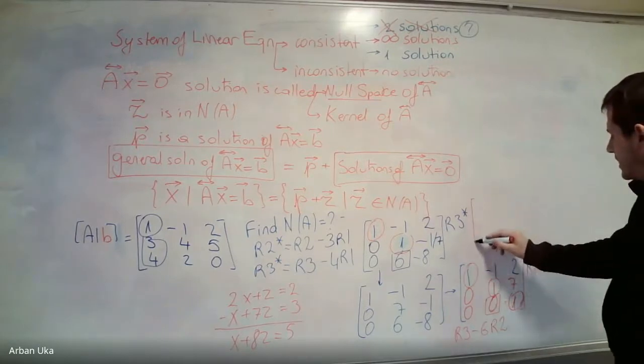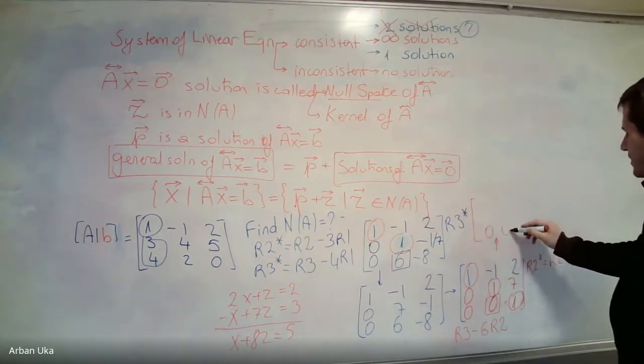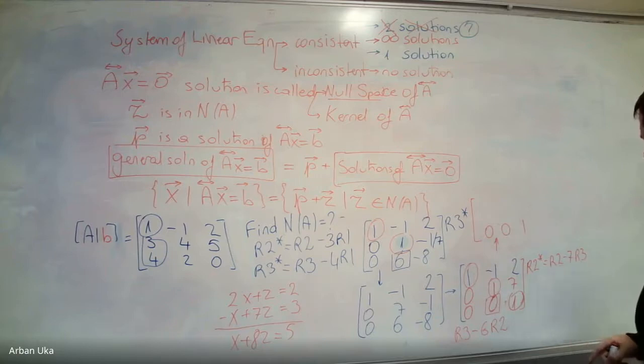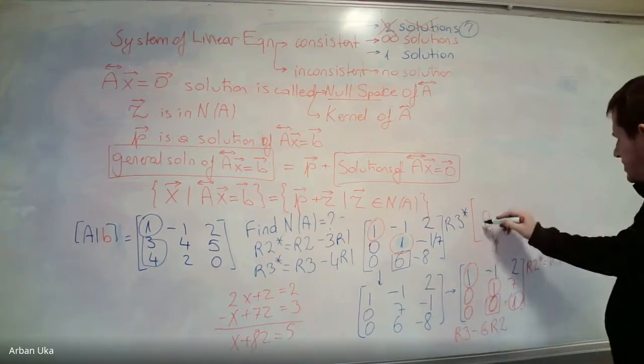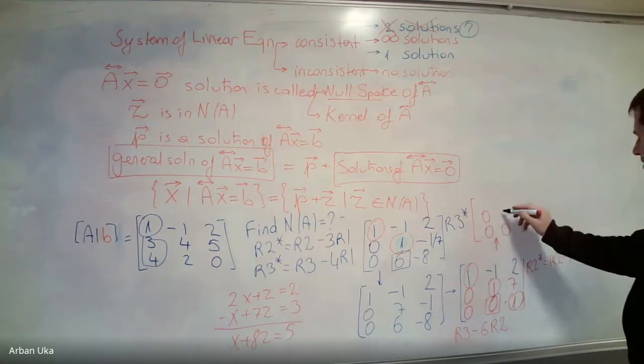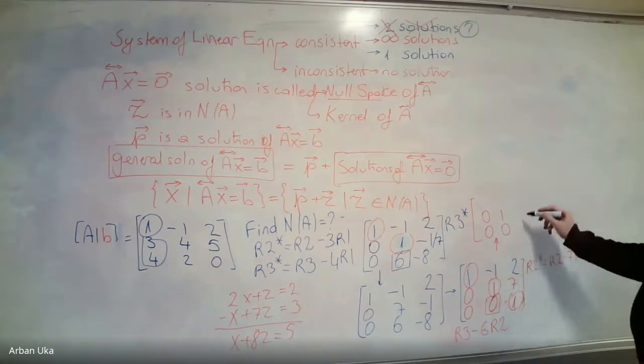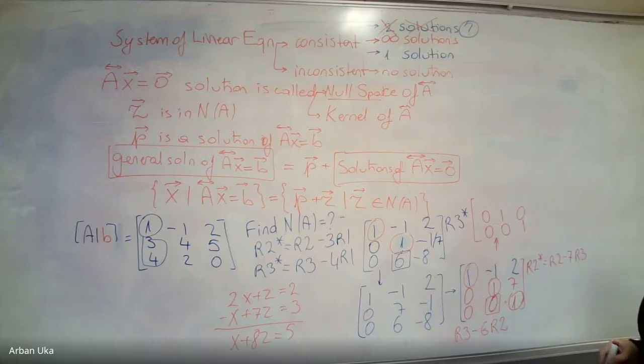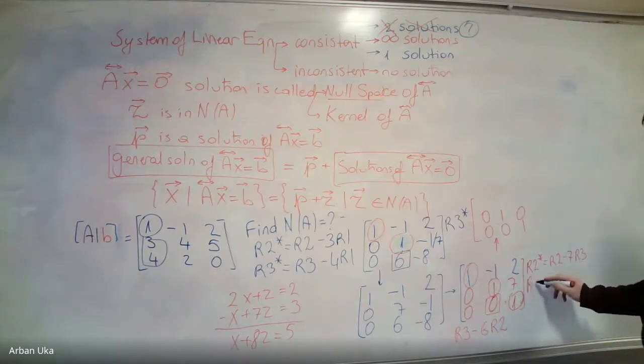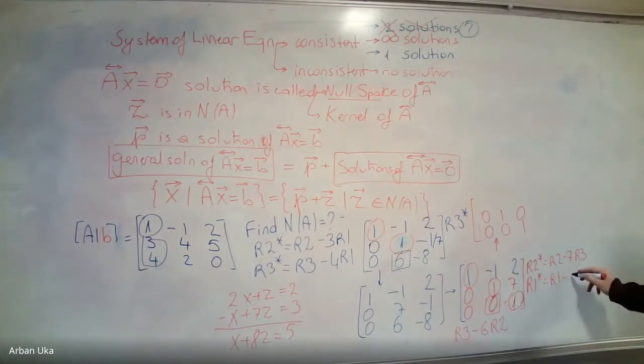Because we want to make this 7 a 0, let's write down: this is 0, 0, 1. And we have the following: 0 minus 0 is 0, 1 minus 0 is 1, 7 minus 7 is 0. Okay? And then we can say that row 1 star is equal to row 1 minus 2 row 3.